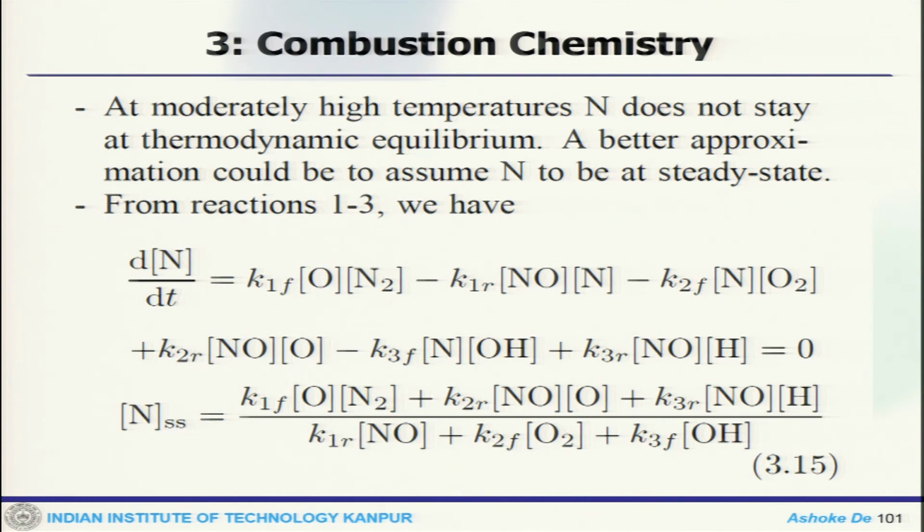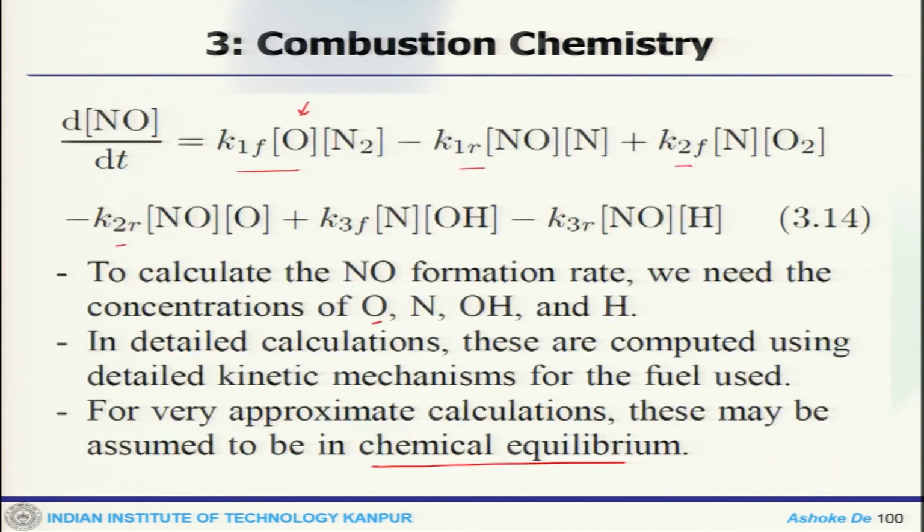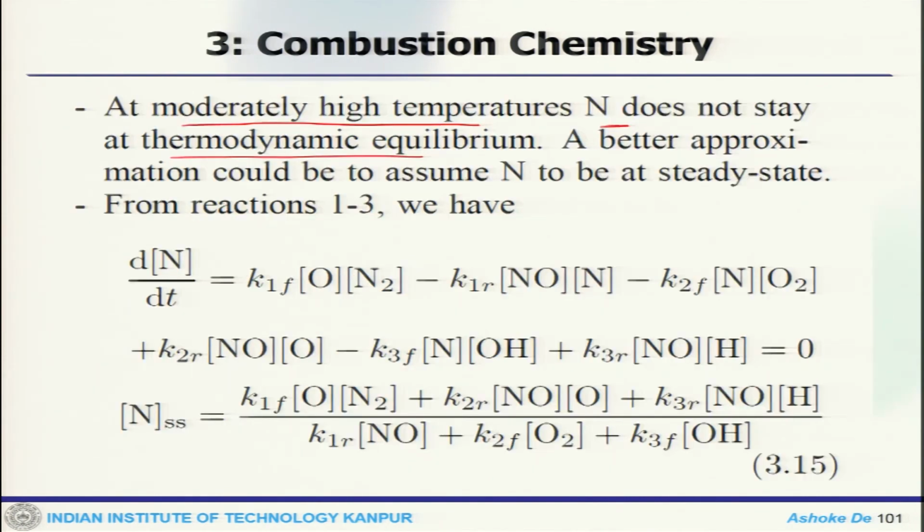So, this is one important observation. The N atom does not stay at thermodynamic equilibrium. That means using this chemical equilibrium assumption may not be appropriate, depending again on your operating condition.